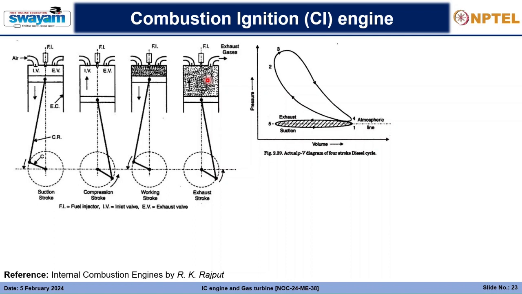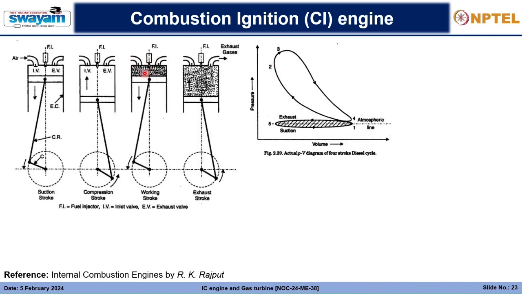And this is actually how the cycle looks. So here what happens is the injection of the fuel inside the cylinder is such that the pressure built up due to the expansion of the gases remains almost constant. You will see that this curve 2 to 3 remains almost constant, whereas in the case of SI engines, the pressure builds up.